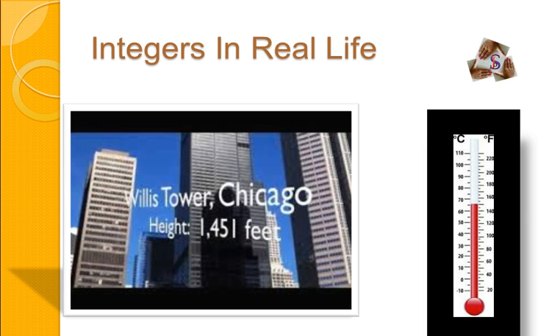For example, when I consider this thermometer, it contains positive and negative integers. Negative integer depicts the sudden dip in the temperature. To locate a place below the sea level, we use negative integers. For example, Antarctica is 2,538 meters below sea level.